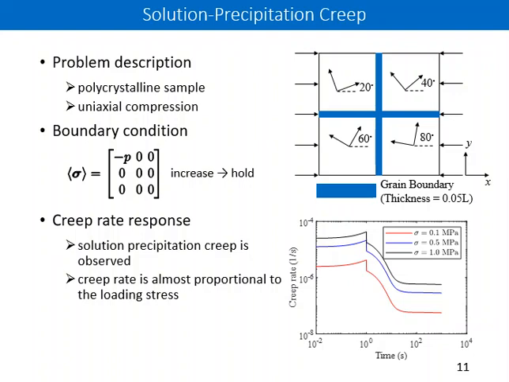A polycrystalline RVE with 4 grains is constructed manually. The external pressure is first increased from 0 to a desired value, and then maintained at a constant value. The solution precipitation creep is observed in the creep rate curve, and the strain rate exponent is close to 1, which is consistent with the experimental observation.